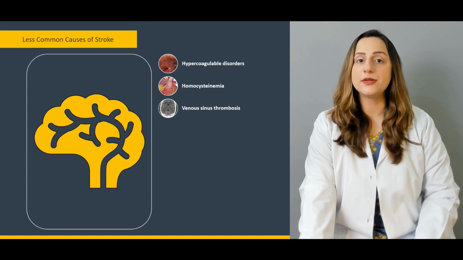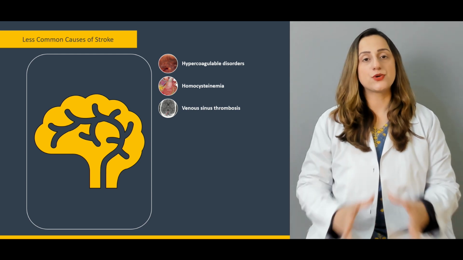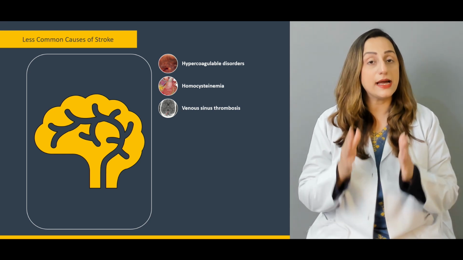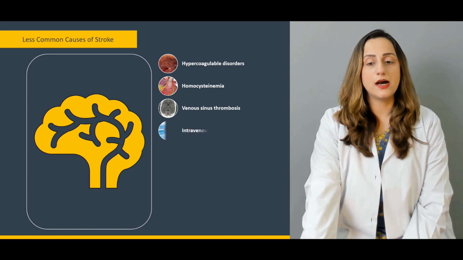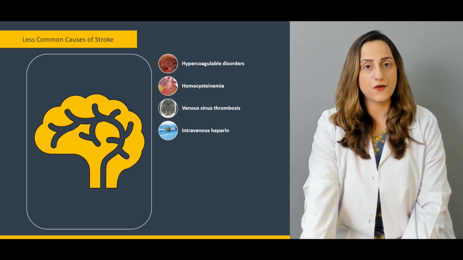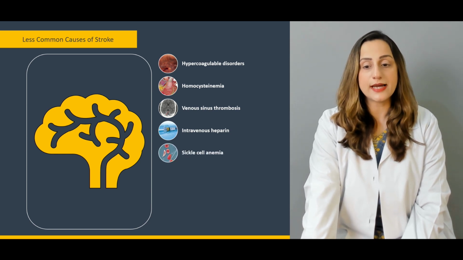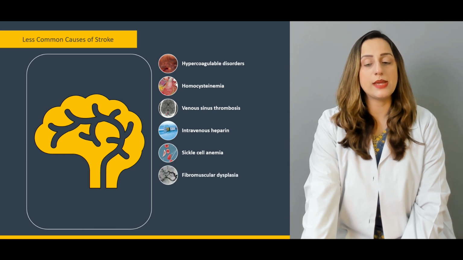So again, it's very important to note down the diagnosed pathologies in a particular individual and highlight them in the history, and that is going to contribute towards the analysis of the patient. Intravenous heparin is also going to be noted down. Sickle cell anemia is going to be noted down in the history.